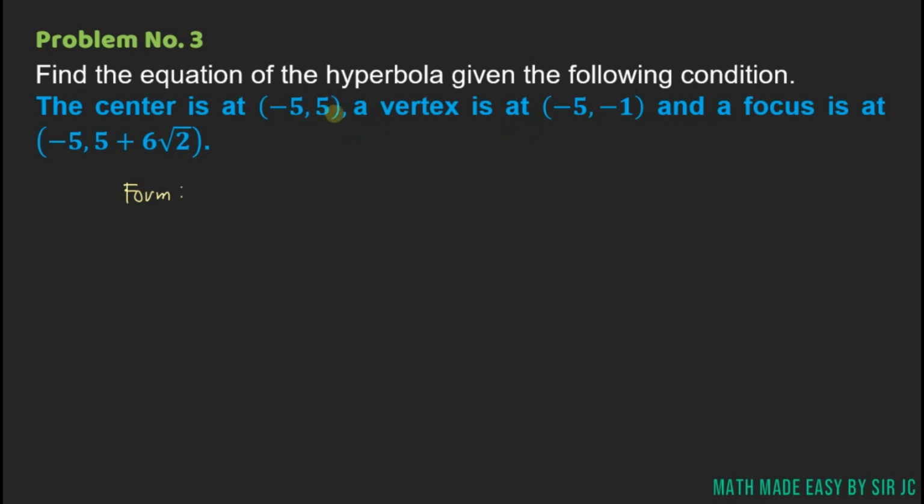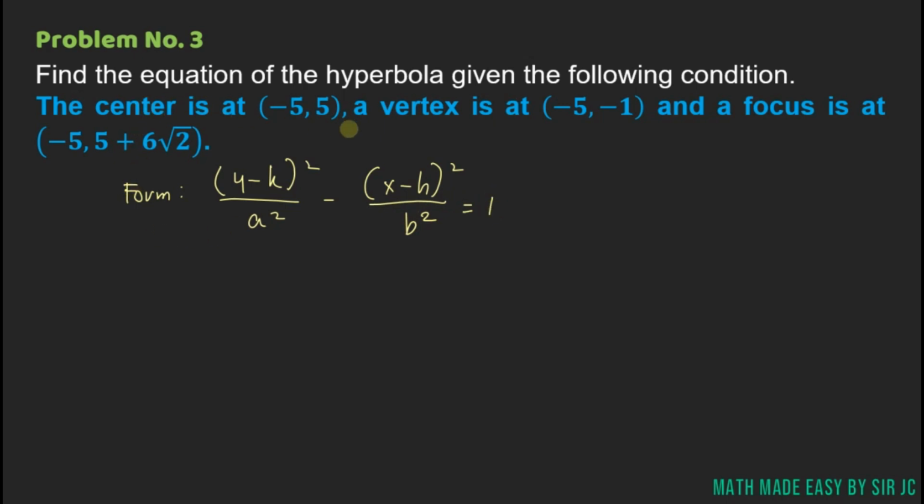We have 5 as the y coordinate of the center and -1 as the y coordinate of the vertex. So we have a vertical transverse axis, and that is in the form y minus k squared over a squared minus x minus h squared over b squared equals 1.